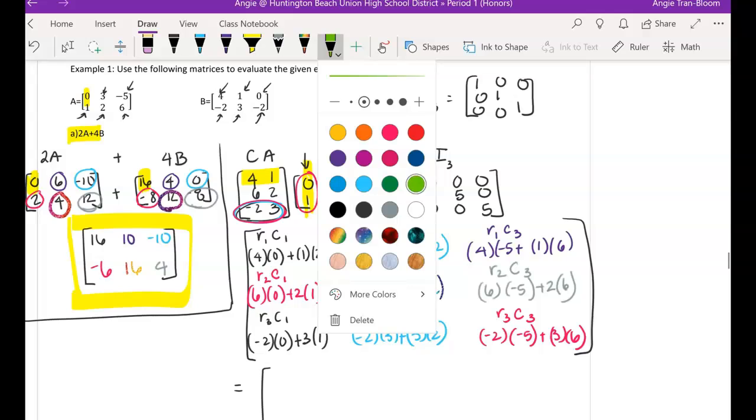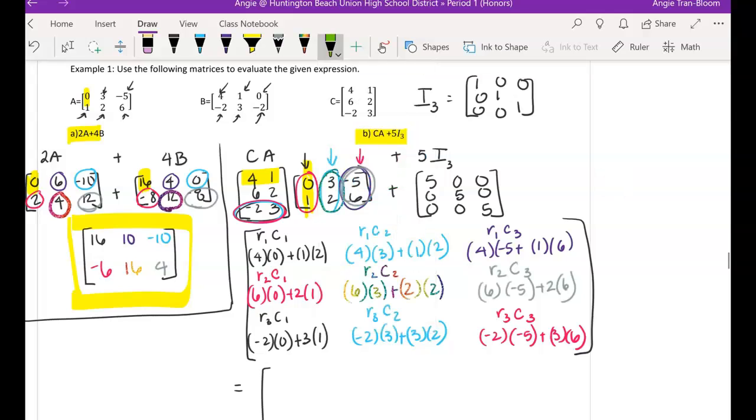How about green? Matrix C, if you look at this right here, has 3 rows by 2 columns. Now matrix A has 2 rows by 3 columns.